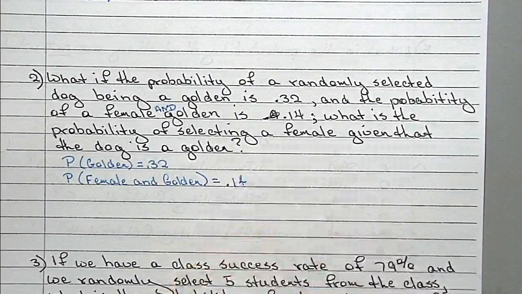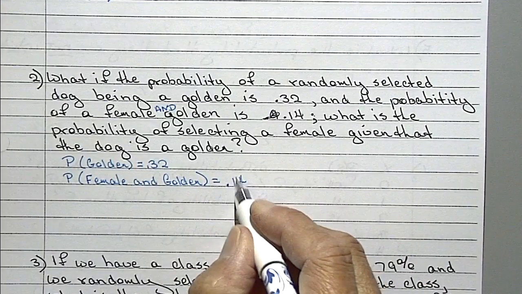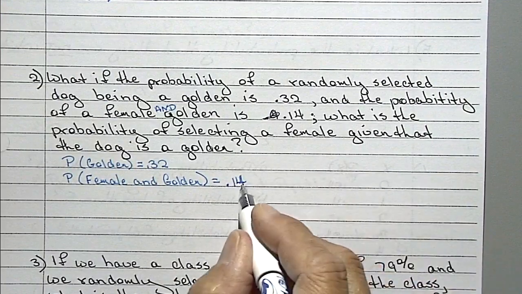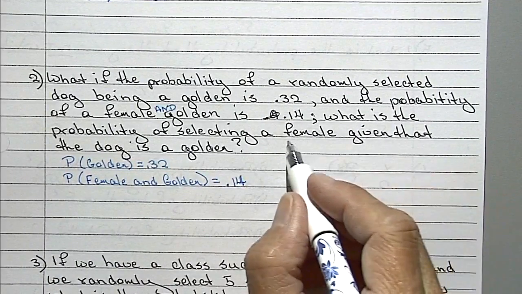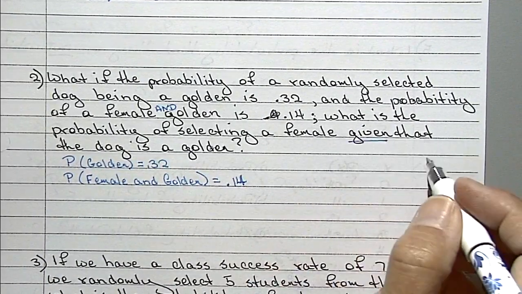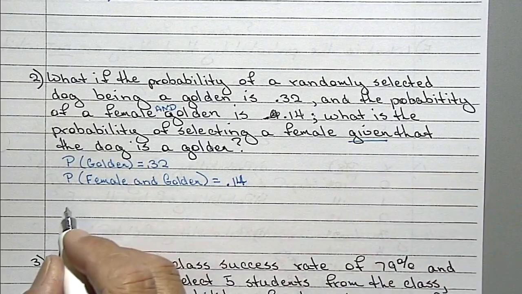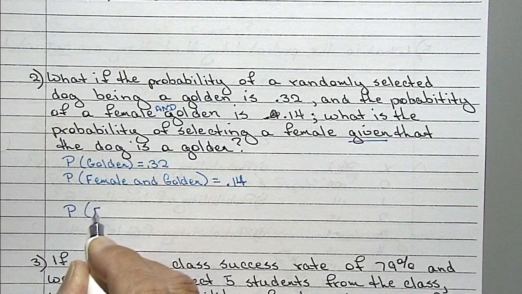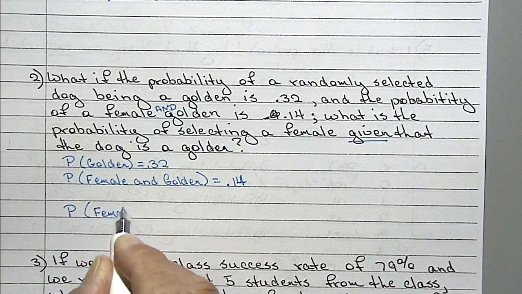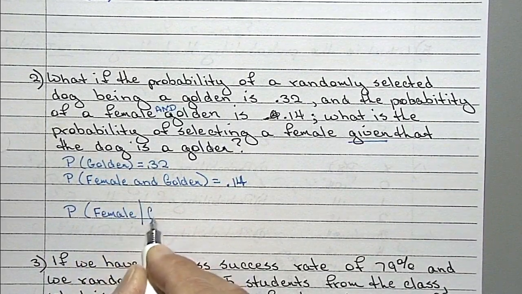So probability of just golden, 0.32, probability of female and golden, 0.14. Next, what do they say? They want the probability of selecting a female given that the dog is a golden. They want the probability of female given golden, right?